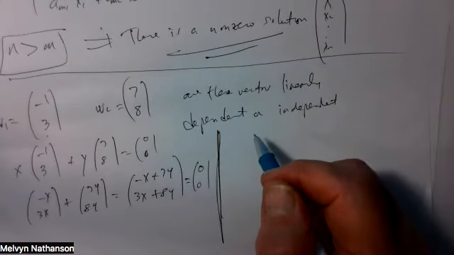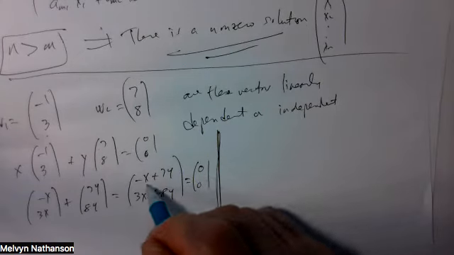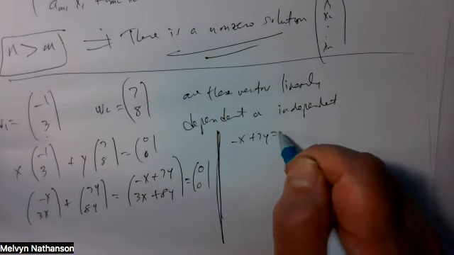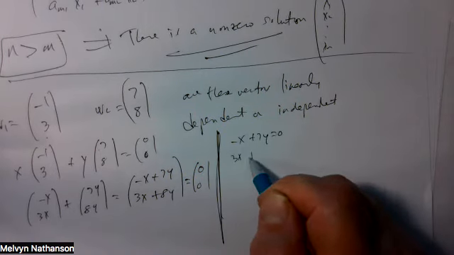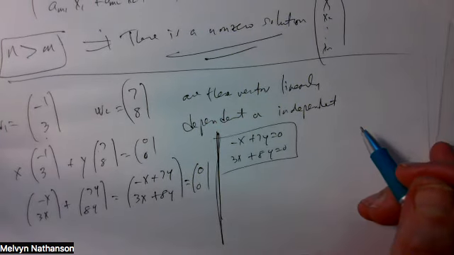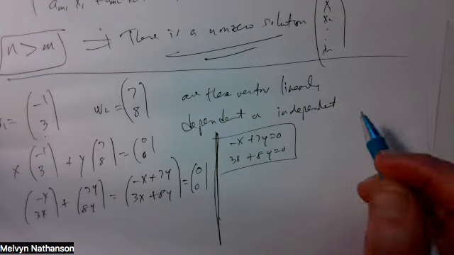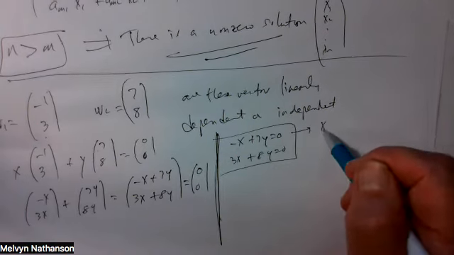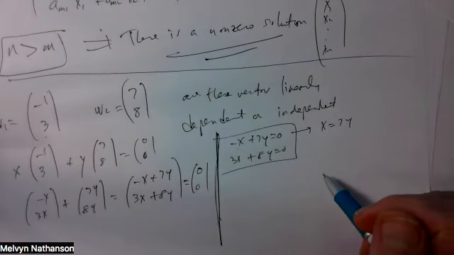So that's the same as solving the pair of 2 equations in 2 unknowns, -x plus 7y equals 0, and 3x plus 8y equals 0. What are the solutions of this? Well, if minus x plus 7y is 0, that means x is equal to 7y.